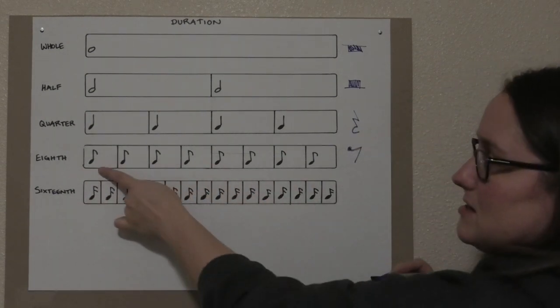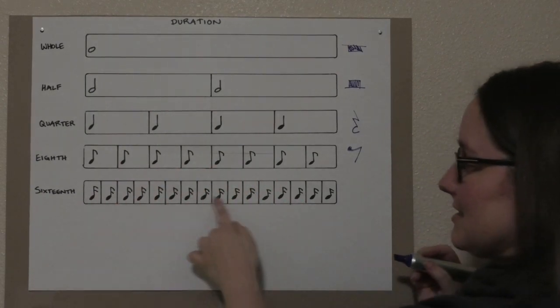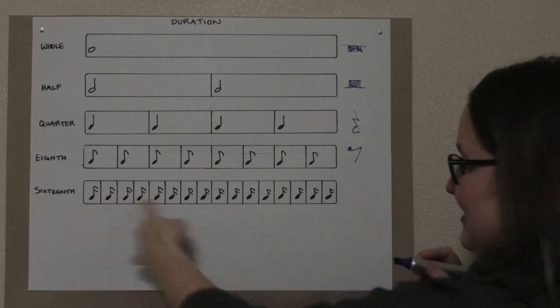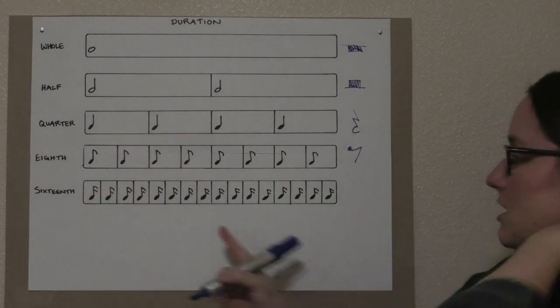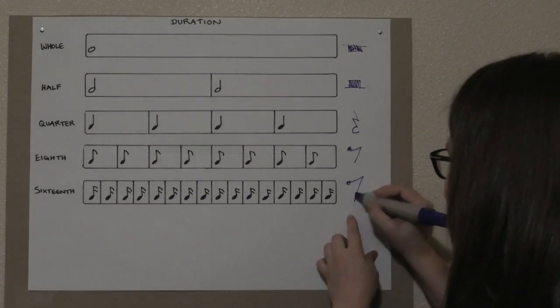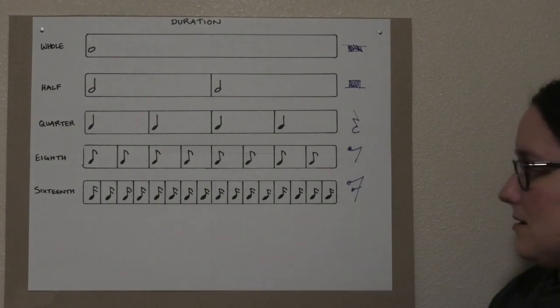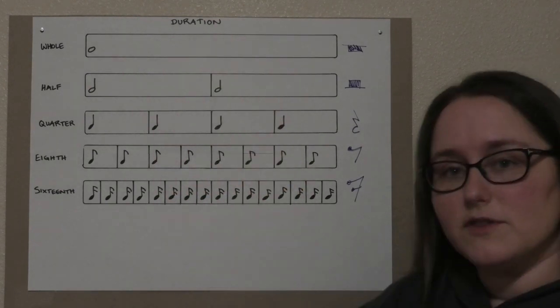Now you can kind of see why beaming helps it make more sense, right? Especially with 16th notes. You're like, wait a second, is that 12 or 13 or 6? I can't tell. You have to sit there and count them. So grouping them helps your brain make sense of them. Okay, and then we've got our 16th rests here. There it is. Okay, so some people prefer this sort of setup.